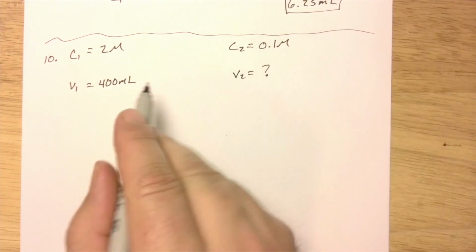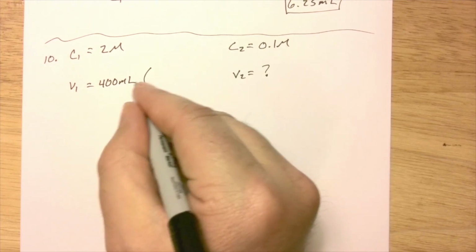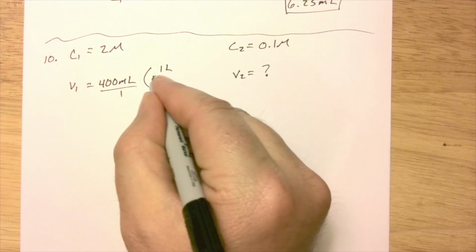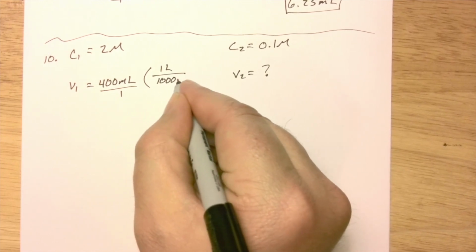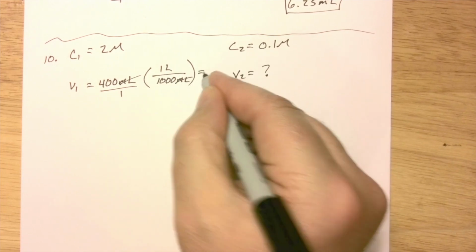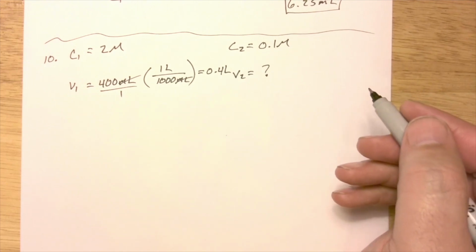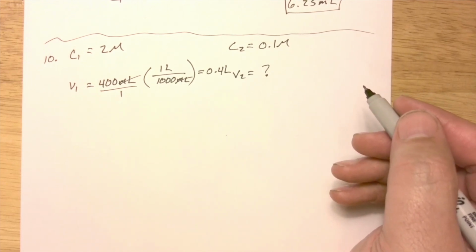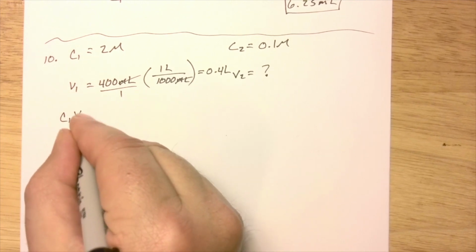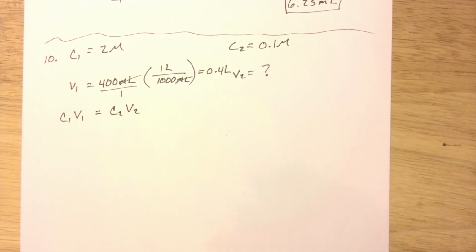So let's go ahead and convert the milliliters into liters. Technically this is all over 1, so 1 liter over 1,000 milliliters. Milliliters will cancel out, and that will give you a 0.4 liter solution. Now C1 times V1 is equal to C2 times V2.